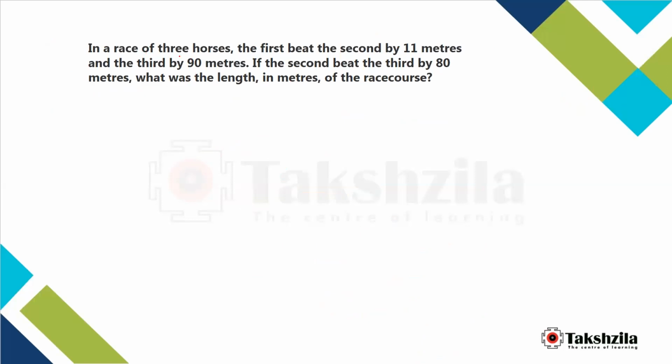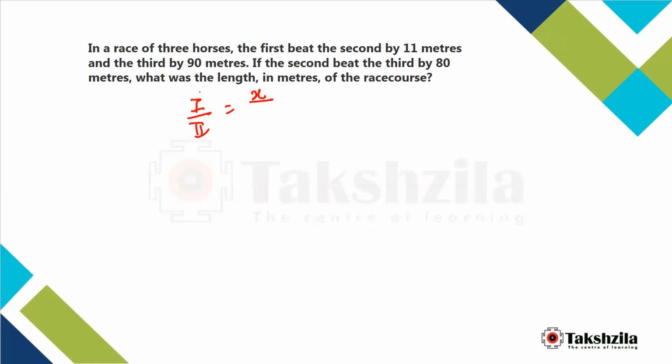Next one. In a race of 3 horses, the first beats second by 11 meters and third by 90 meters. If the second beats third by 80 meters, what was the length? Again, exactly the same question. The length of the course we don't know, so we'll take it to be x.